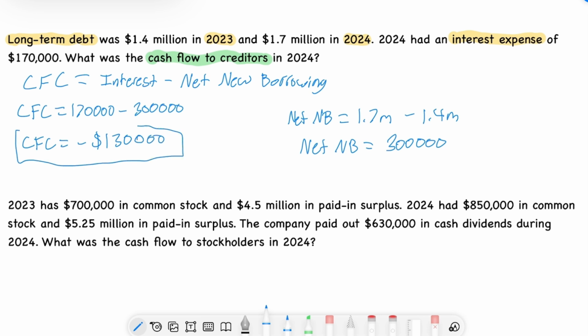And this is our answer right here. Now, what this means is that in the year 2024, we received more money from our creditors than what we paid them. If we see a negative cash flow to creditors, that means we're getting a lot more money from people who are giving us loans than what we are paying them in interest and paying off our debt.